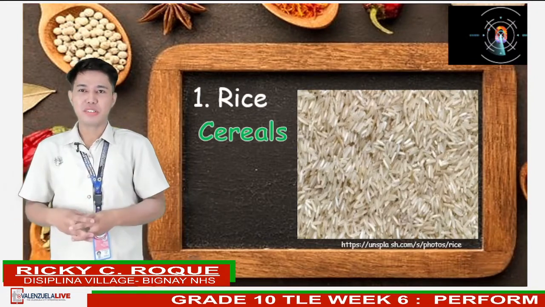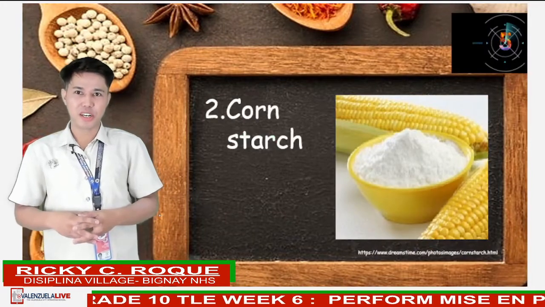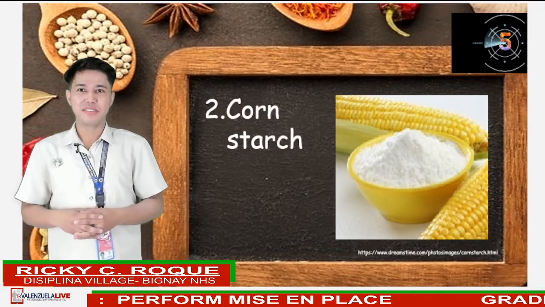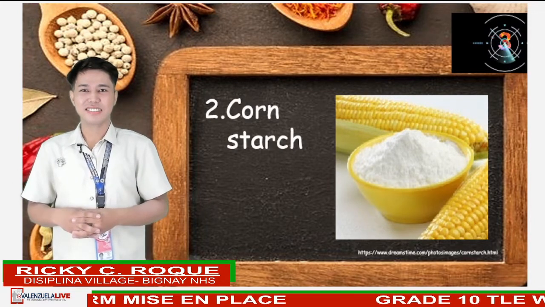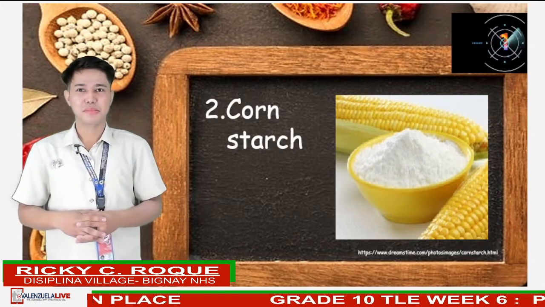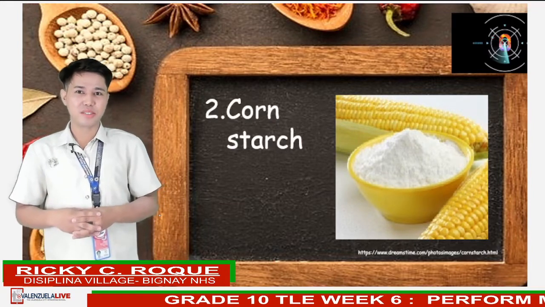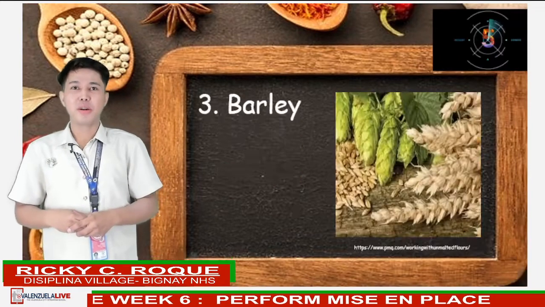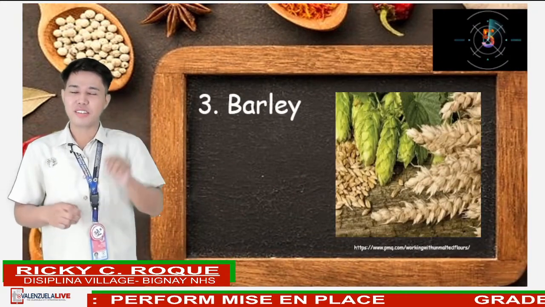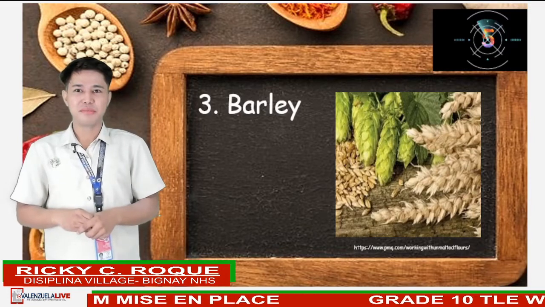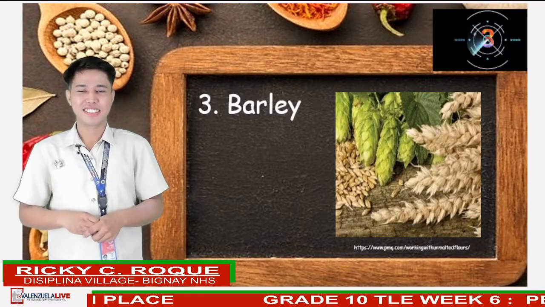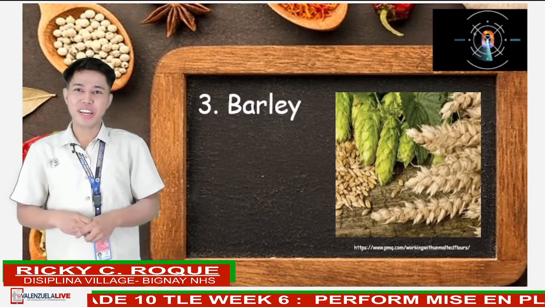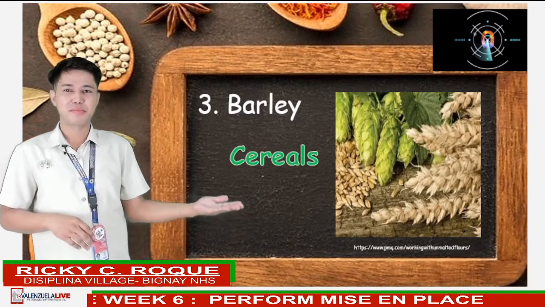Next, number 2, cornstarch. You have your 5 seconds. Timer starts now. The correct answer is starch. Number 3, barley. For 5 seconds. Timer starts now. The correct answer is cereal.